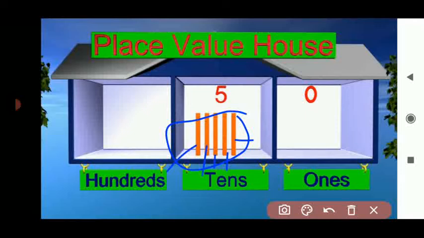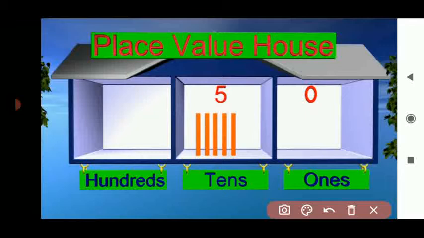And how many ones are there? 0 ones. No ones are there. Now, each one of these tens blocks is made up of 10 ones. We all know 1 ten is equal to 10 ones. If I counted every individual block, we would see there are 50 of them.